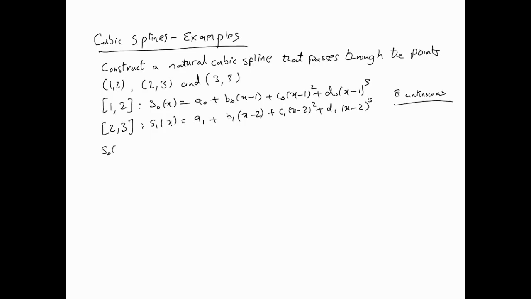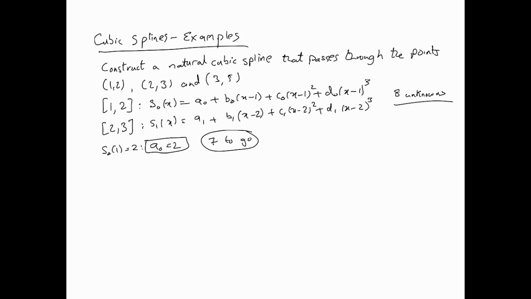So s0 of 1 should be equal to 2, which means as we substitute the point 1 into s0, this goes to 0, this goes to 0, and this goes to 0. All it leaves is a0, so a0 equals 2. So we have found one, and we have 7 more to go.